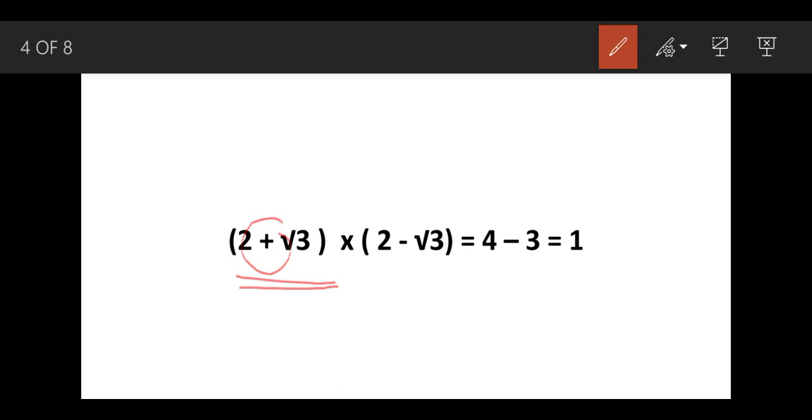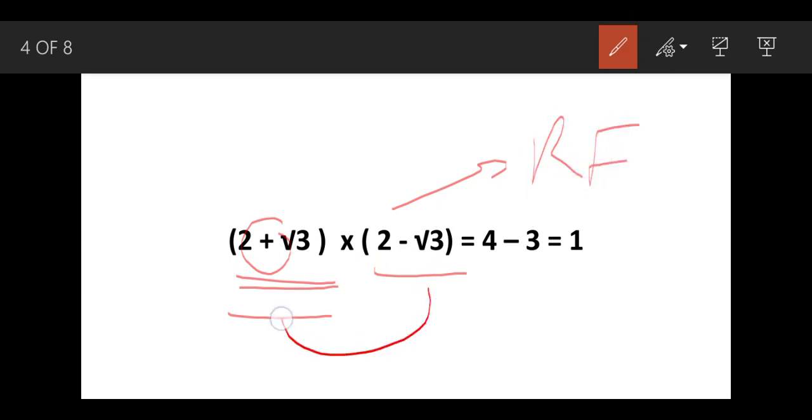So to convert this 2 plus root 3 into a rational number, we have to multiply it by a rationalizing factor. So for 2 plus root 3, this 2 minus root 3 is a rationalizing factor. And for 2 minus root 3, 2 plus root 3 is a rationalizing factor.